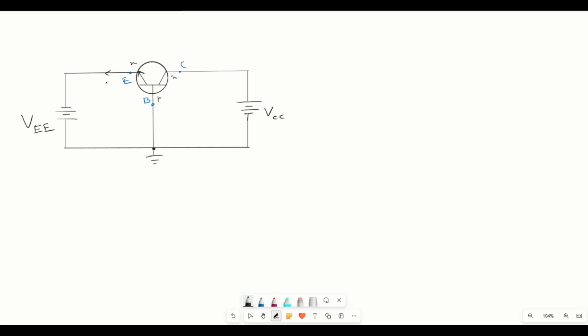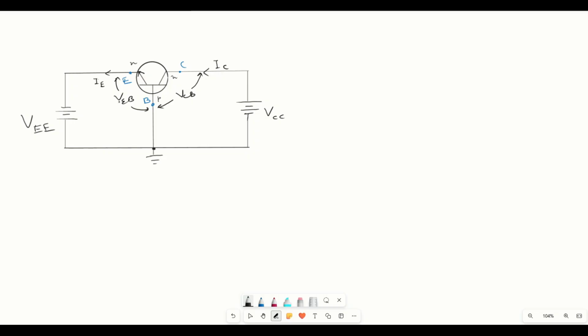So here, this current will be IE, which is the input current, and across the output, this is the collector current. And then the voltage across the input will be VEB, and across the output, the voltage will be VCB.